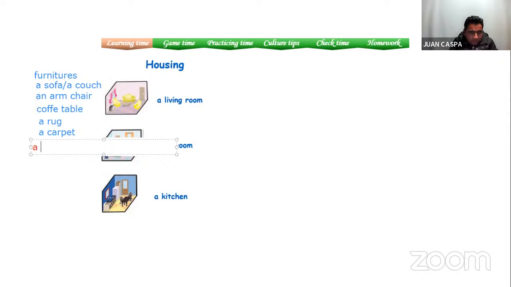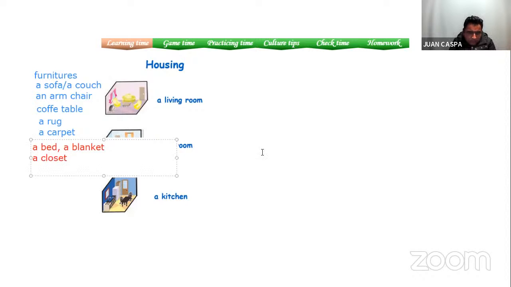For example, we have a bed, right? A bed will have the covers. It could have the blanket, right? A blanket. And in a bedroom will be a closet.